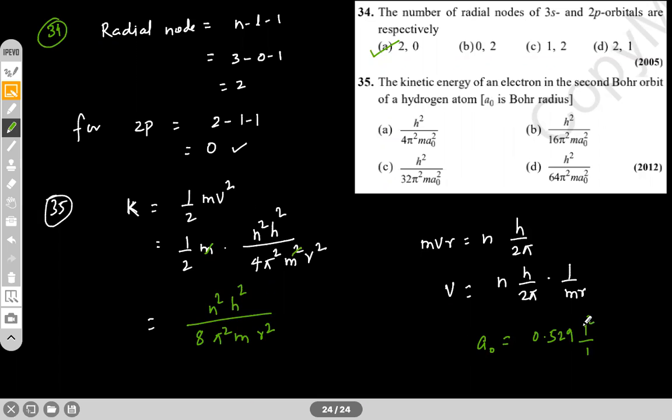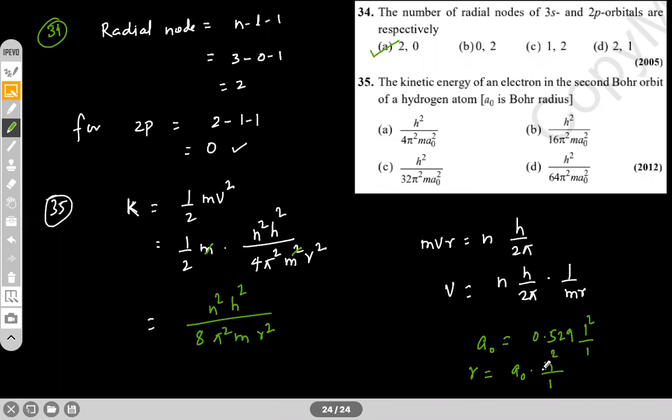So how do we write down r in terms of A naught? We can write radius r is equal to A naught into n squared by Z, which is 1.